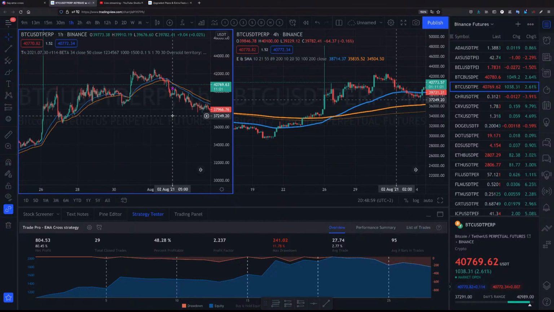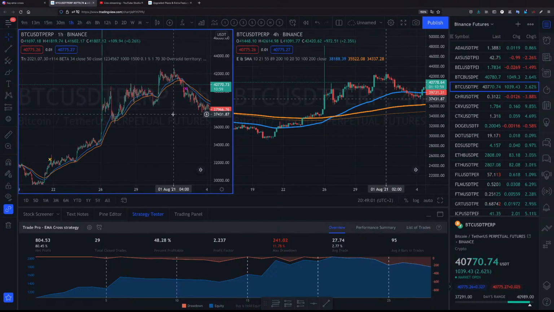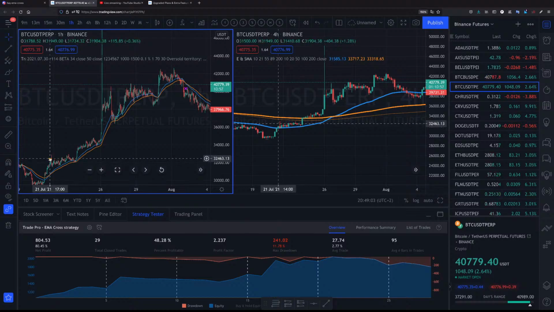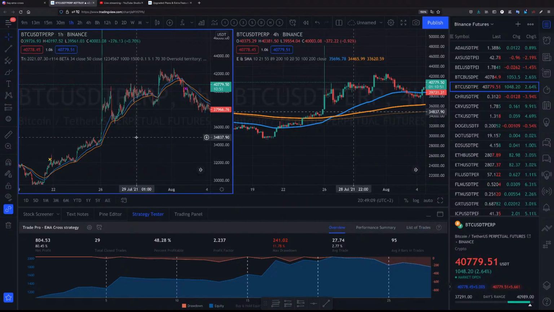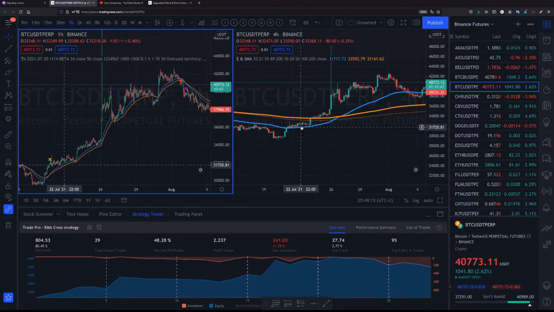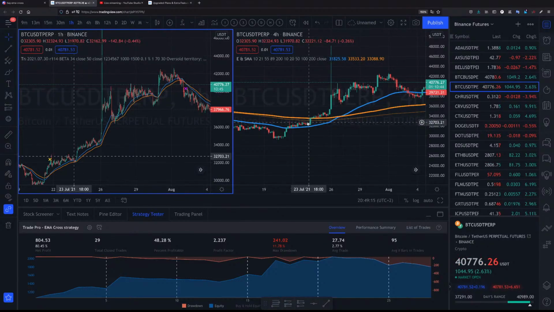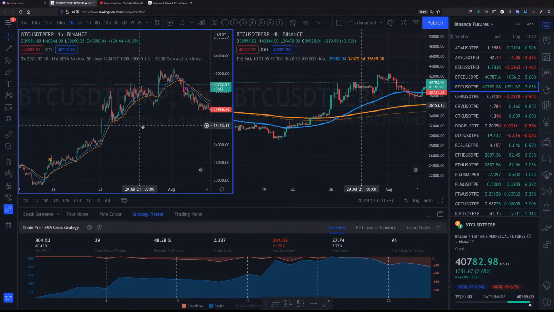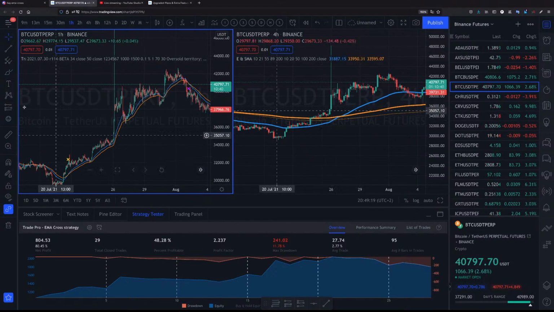It's the magenta one. Yeah, okay. So this trade right here would have been missed because according to this, it was not good to take it.